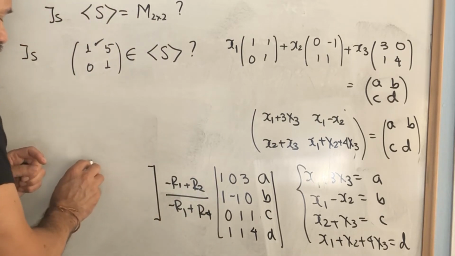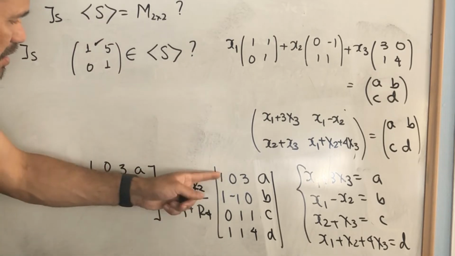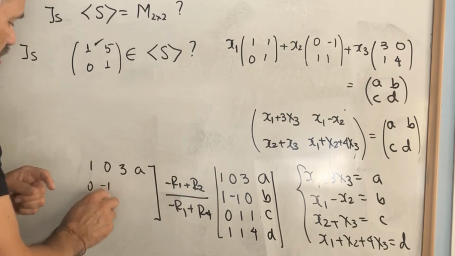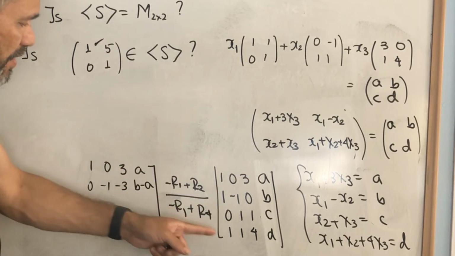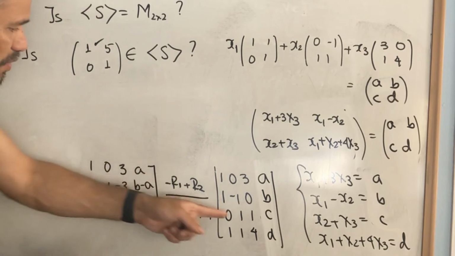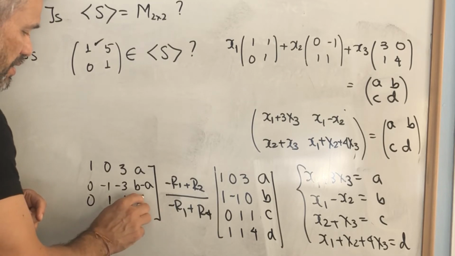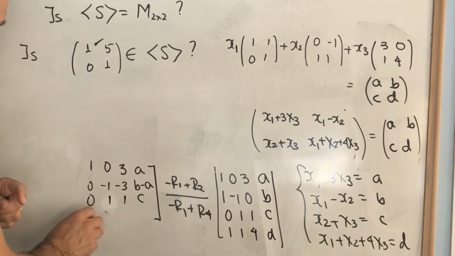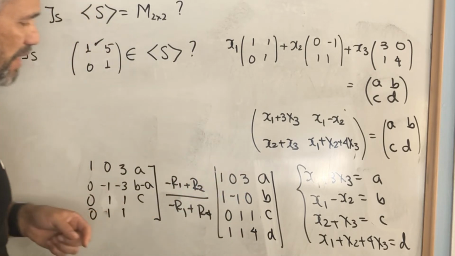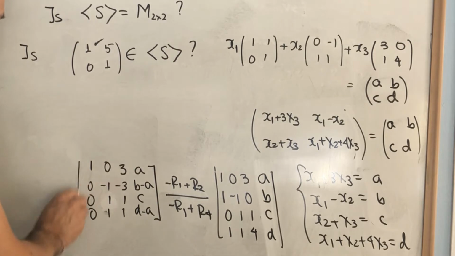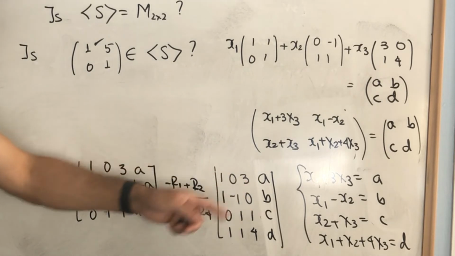Then we have 1, 0, 3, A. When I do this minus this, I get 0, negative 1, negative 3, and I get B minus A. This row stays the same: 0, 0, 1, C. And this one will be 1 minus 1 is 0, 1 minus 0 is 1, 4 minus 3 is 1, and D minus A. The only difficulty is that we have to do row reduction, but we need to deal with these generic variables.